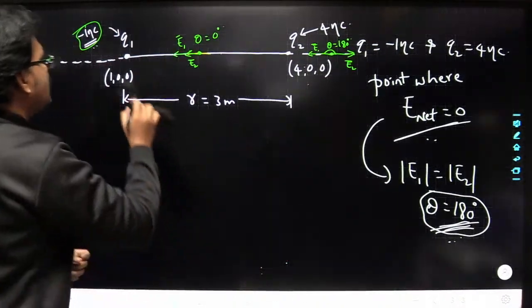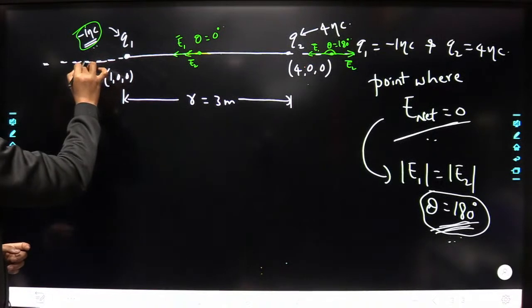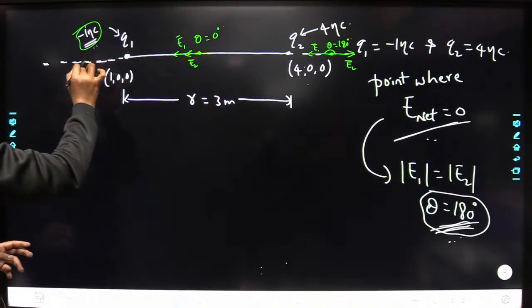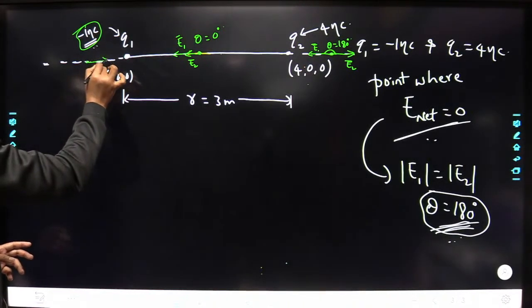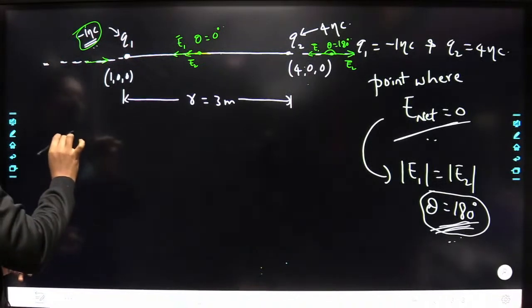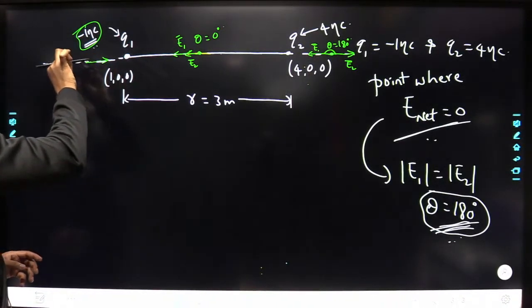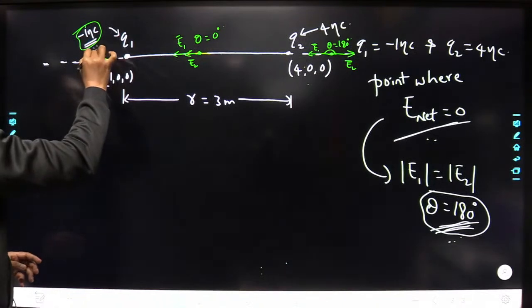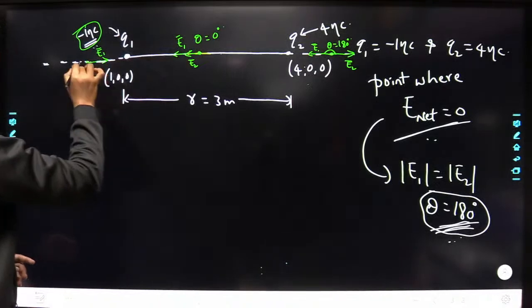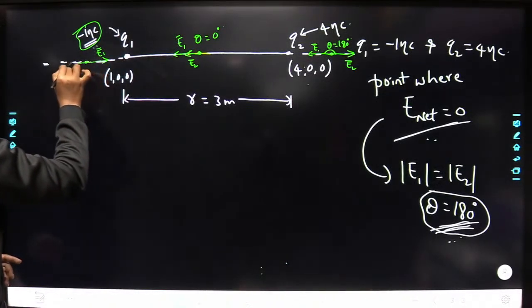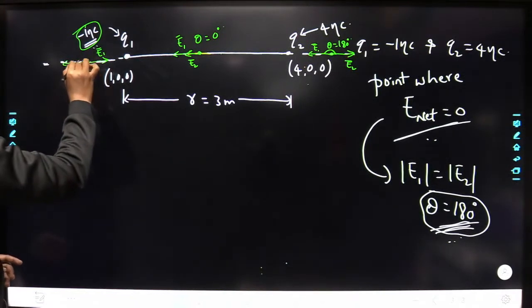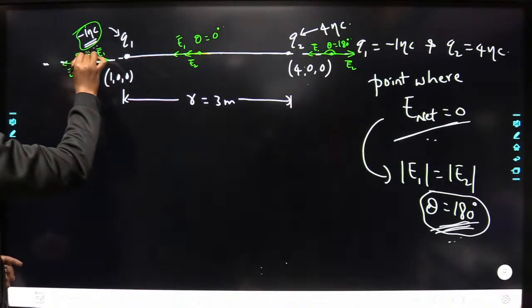Now if you consider any point to the left of Q1, let us say some point here. Here, due to the negative charge, the electric field is going to point towards Q1, because Q1 is a negative charge. Always the electric field line will point towards the negative charge. So this is E1 bar. Now due to Q2, the electric field at this location is going to point away from Q2. So this is E2. So here the angle is theta equal to 180 degrees.